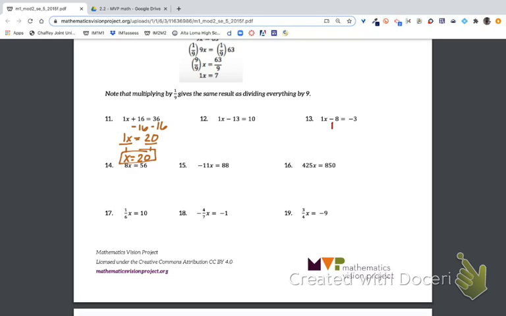Again, for number 13, first we need to remove our constant, and then we remove our coefficient.